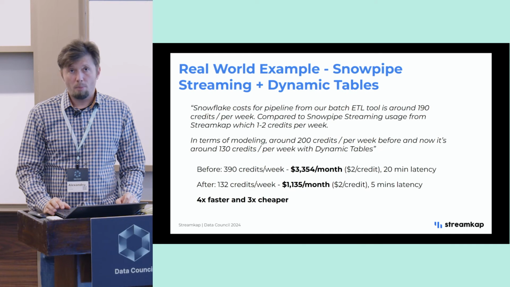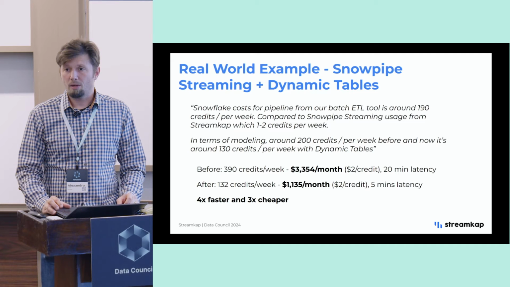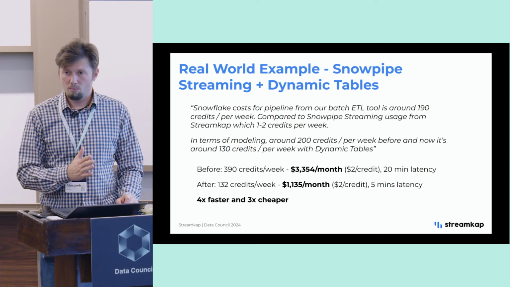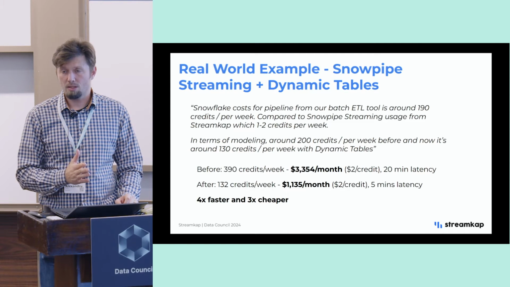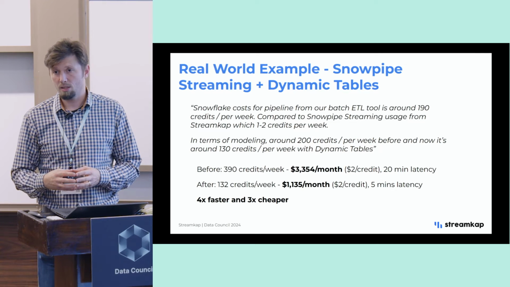So comparing it to the batch ETL data ingest pipeline that was set up before, end-to-end latency with the batch was 20 minutes. End-to-end latency because of the dynamic tables in the streaming world is 5 minutes.